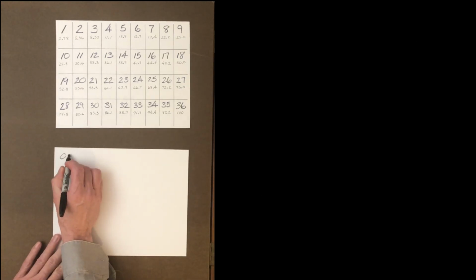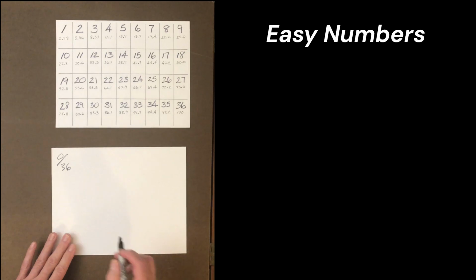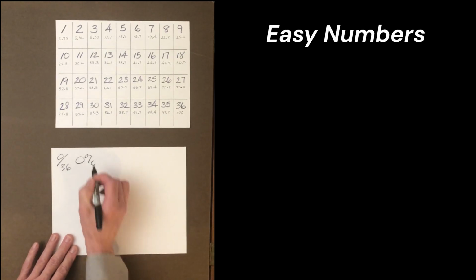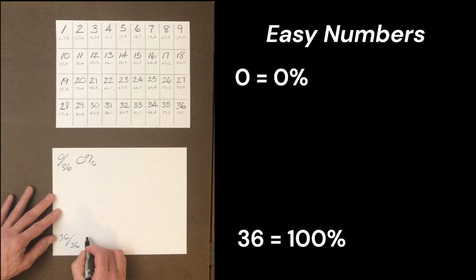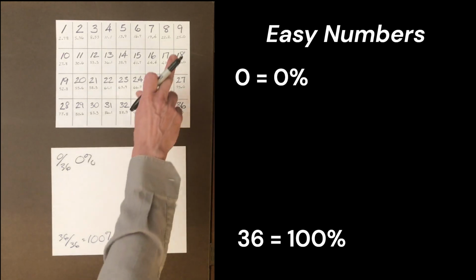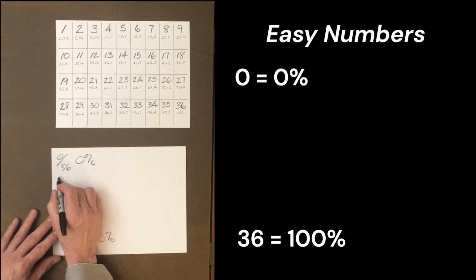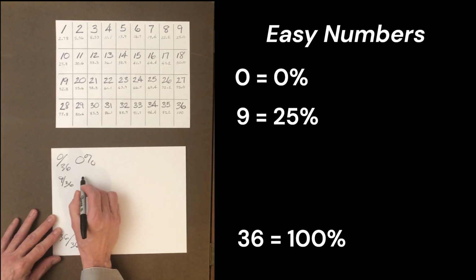0 out of 36 is 0%. 36 out of 36 is 100%. Let's look at 9. 9 out of 36 is 25%.